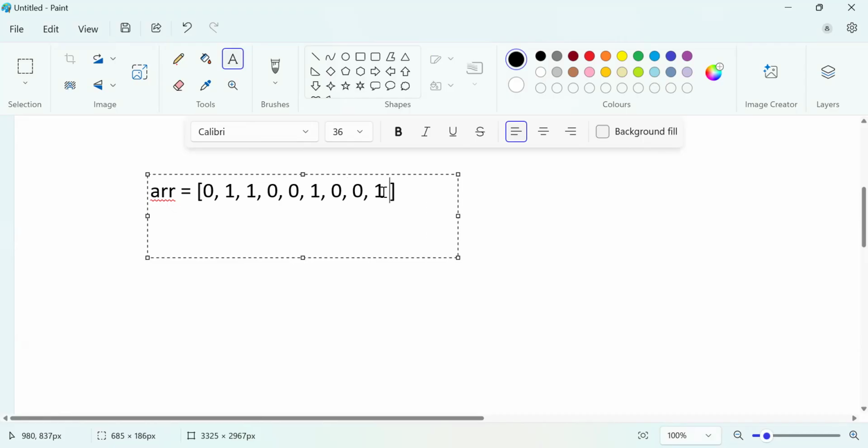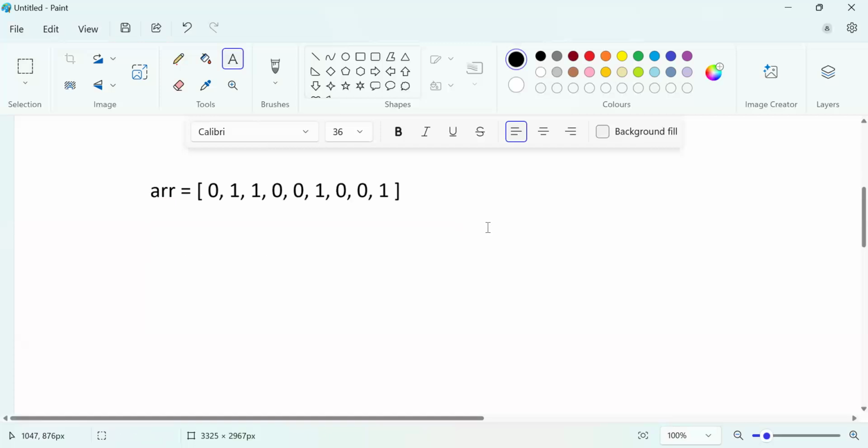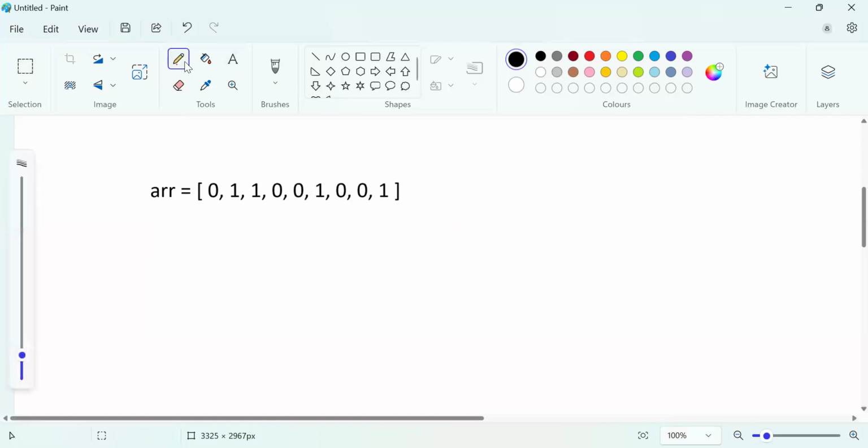As I said, what will be the technique, guys? What is the clue that we have? The clue is that it will have only two kinds of values: one is 0, the other is 1. So let's think.